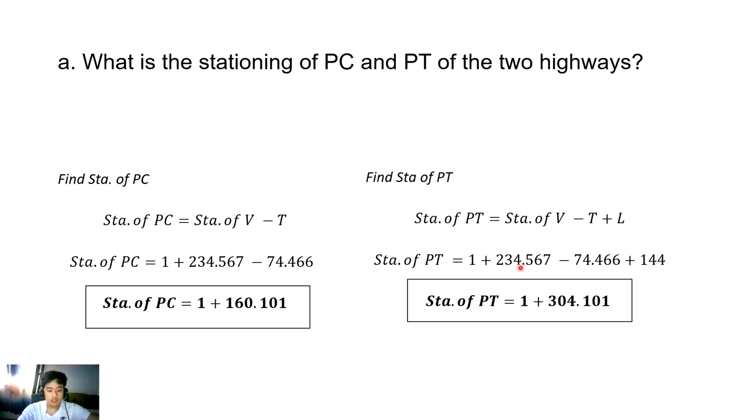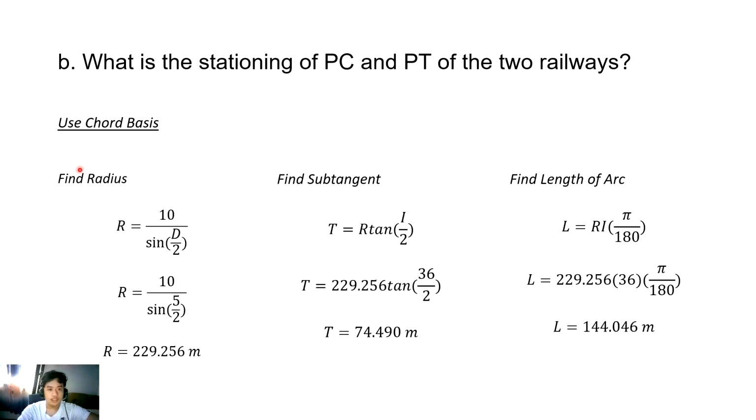And for the next question, what is the stationing of PC and PT of the two railways? Take note, this asks for the two railways. So when railways are in the question, automatically we use the chord basis. For the chord basis, the formula to get the radius is 10 over sine D over 2.